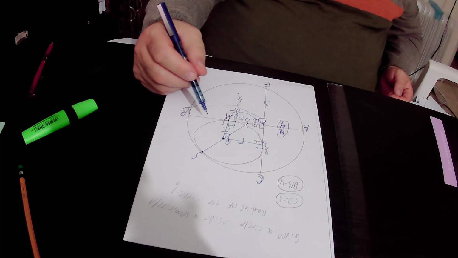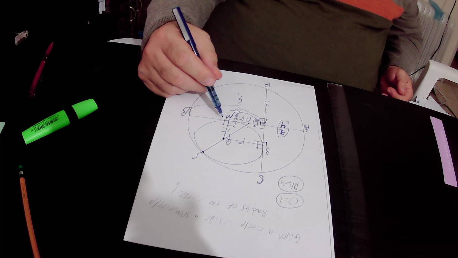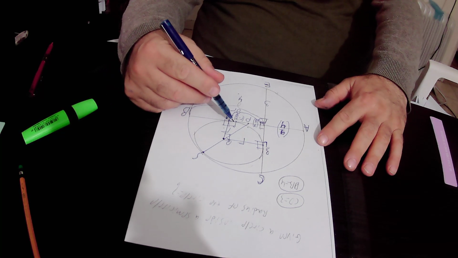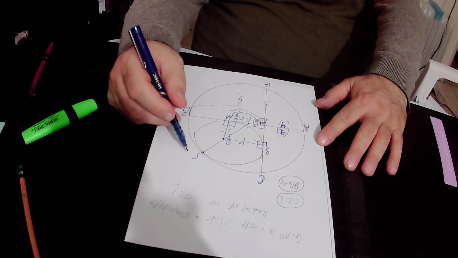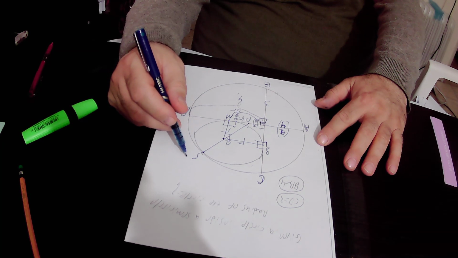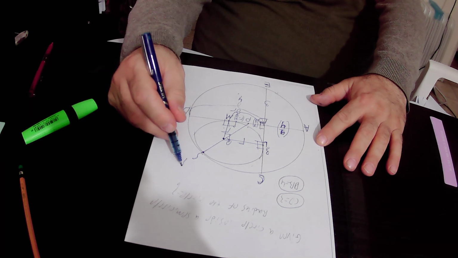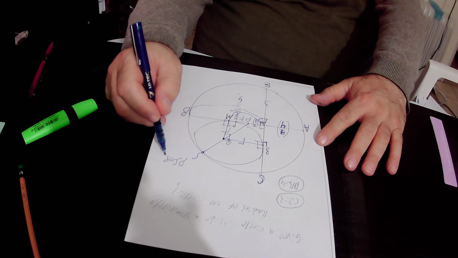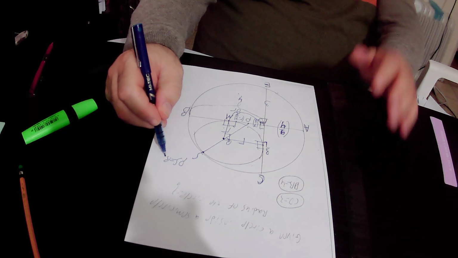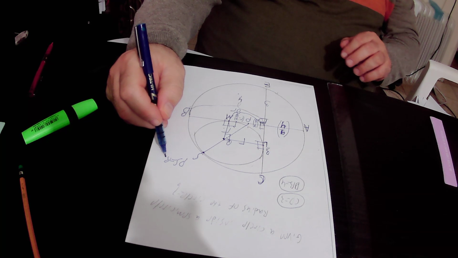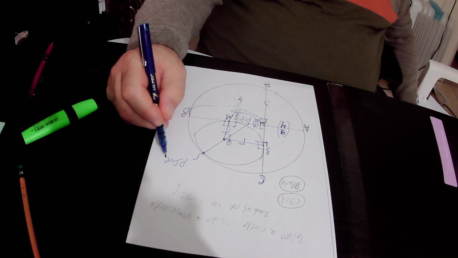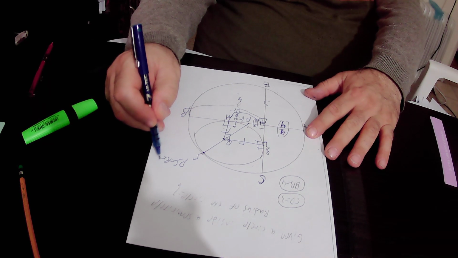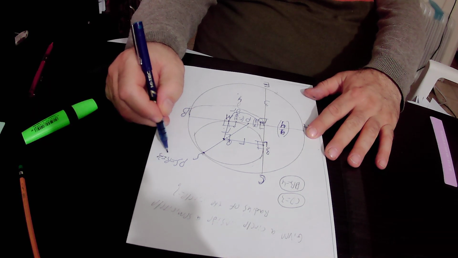PS, what is the length of PS? P is the center of the big circle, S is a point on the big circle itself. This is exactly the definition of a radius. That is to say, PS equals capital R, which equals 25/8.